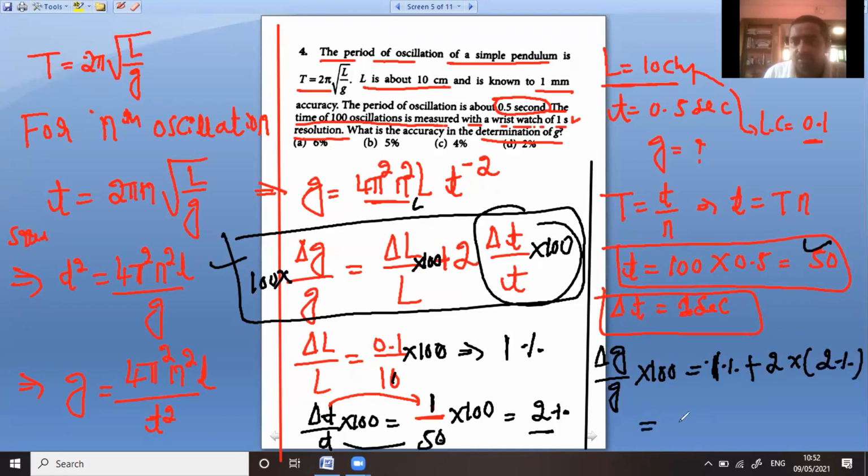The final answer is 5%. So option B is the correct answer for this question.